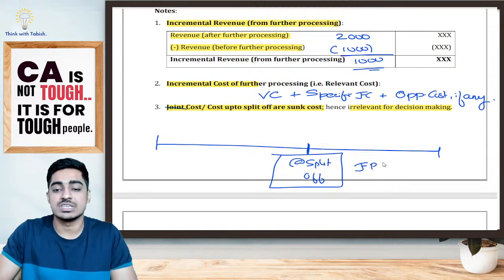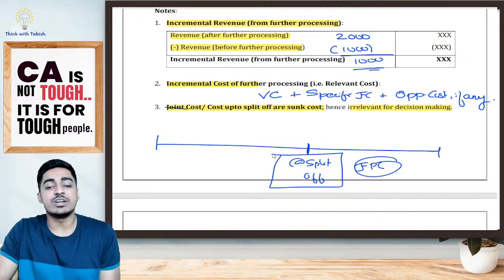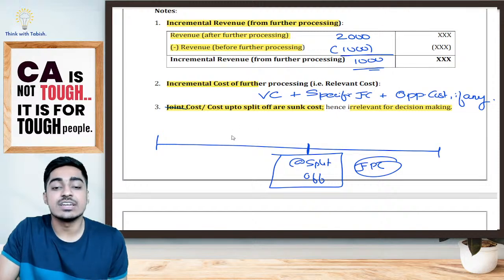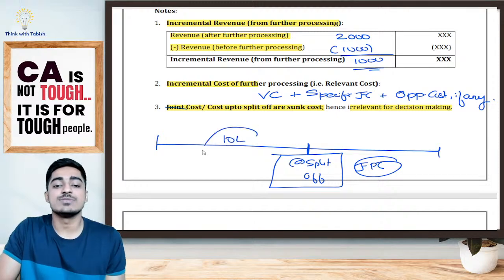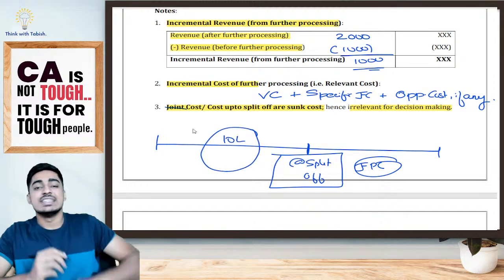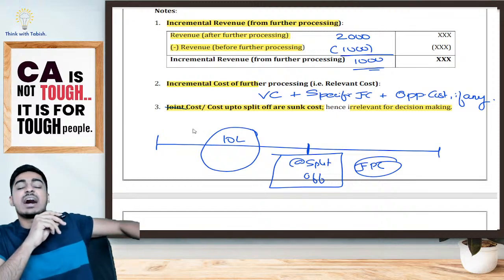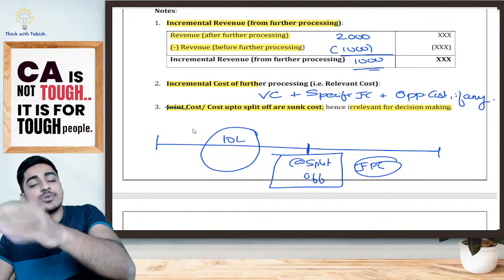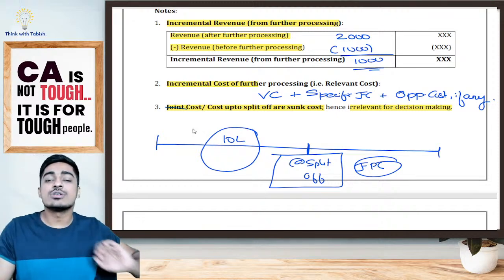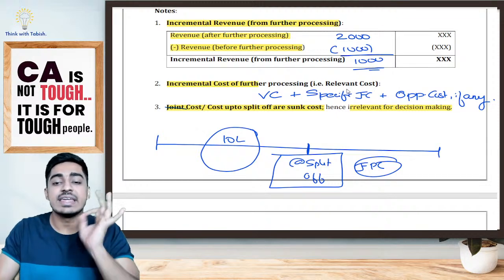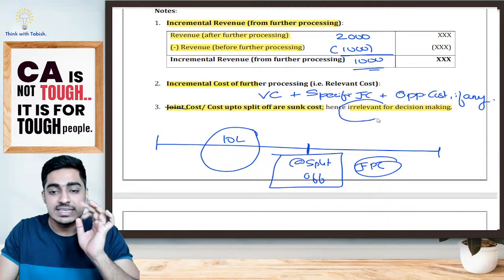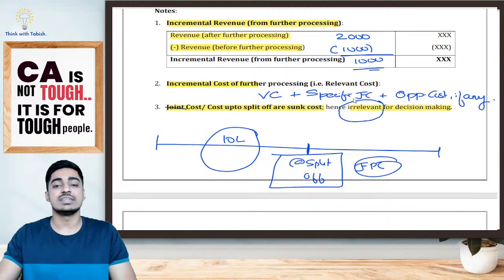This is the further processing stage. Till the split off stage, we would have incurred certain costs, say for example, 10 lakh rupees. What is this? This is sunk cost. This is incurred in the past. So whether I further process or I don't process it further, this cost is already incurred. So it is irrelevant for decision making. It is irrelevant, students. Is it clear?